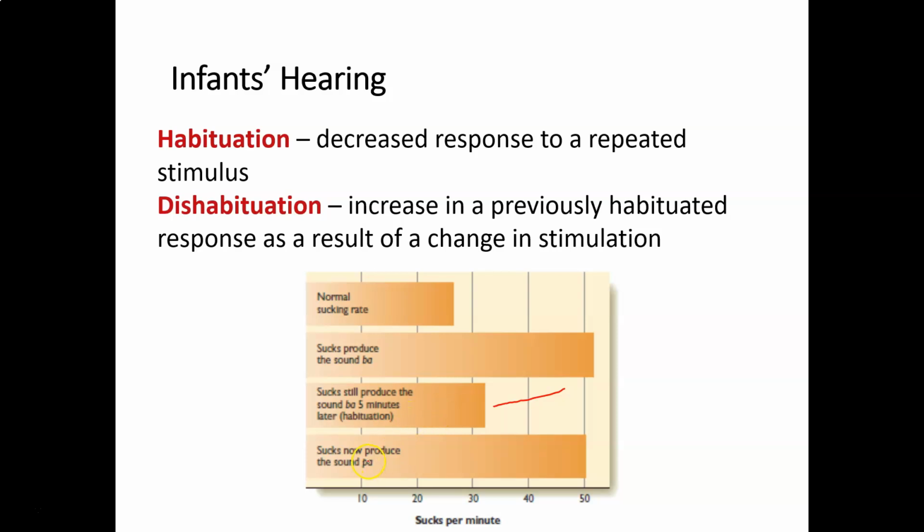Then the scientists changed the sound from ba to pa, right? There are different letters. And what they noticed when they shifted ba to pa is that they produced an increase in sucks again. This told the psychologists that infants can distinguish between the sounds of ba and pa.